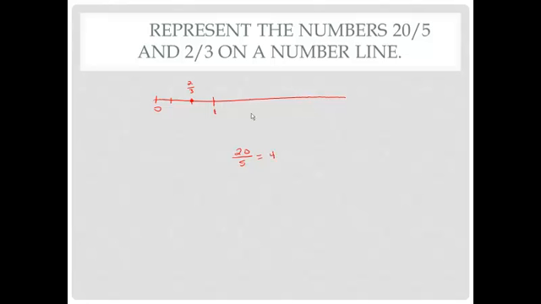So to represent 20 over 5, 2, 3, 4. So the point 4 would represent 20 over 5 because 20 over 5 is equal to 4. And that's how you would plot those numbers on a number line.